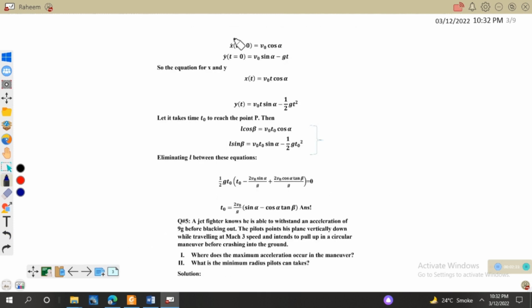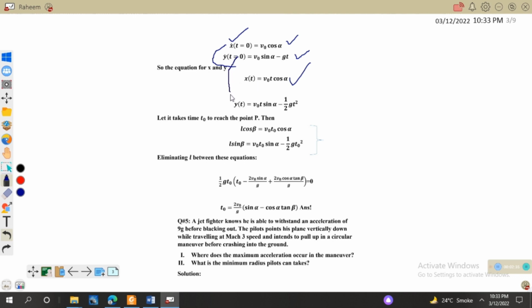The first equation gives us the velocity along the x-axis, vx, which is equal to v naught cos alpha, and the second equation gives the velocity along the y-axis, v naught sin alpha minus gt. If we write x dot as dx over dt and integrate these equations, this yields x of t equal to v naught t cos alpha.